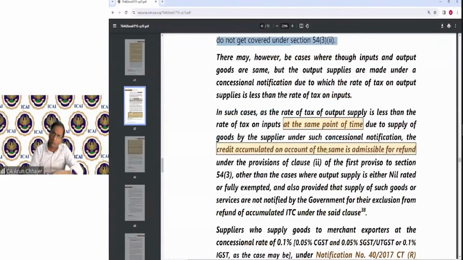Now, there is one more example. You remember merchant export we have discussed? Merchant export. Let's say A is doing the manufacturing or whatever, that's same. A ka input is 18, but A is making the supply to B and B is actually making the supply to UK.